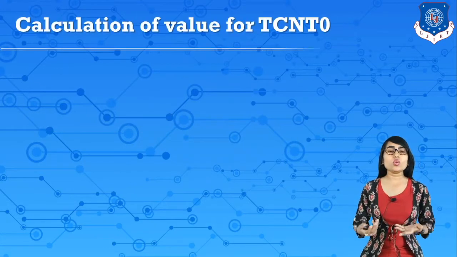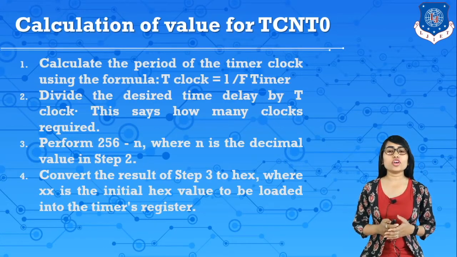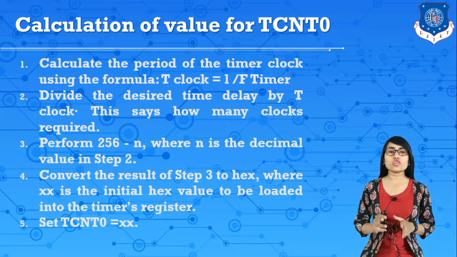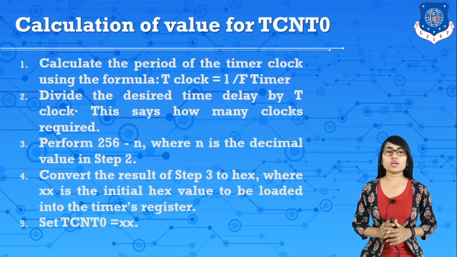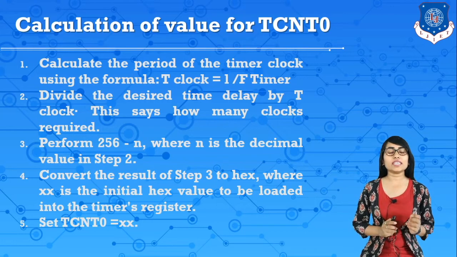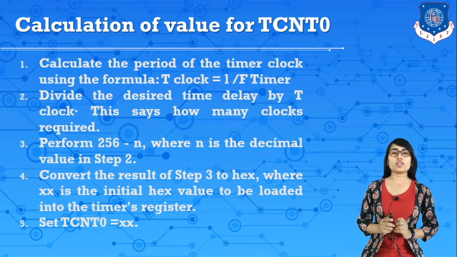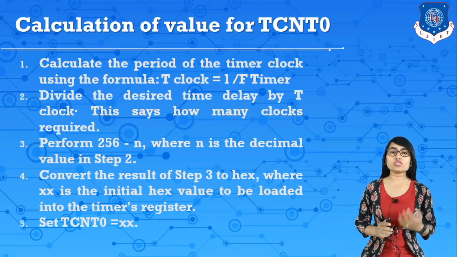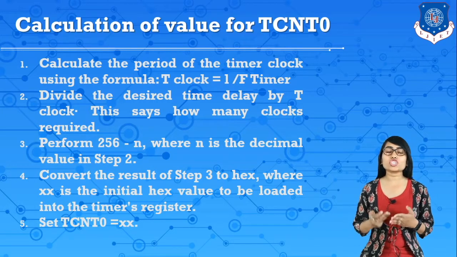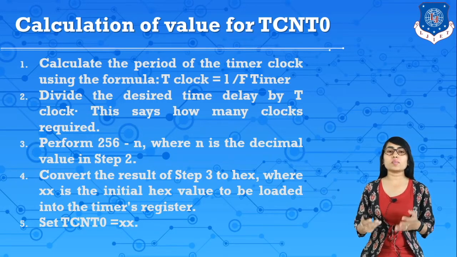Next, how can we calculate the values for the TCNT0 register? For that, follow these steps. Calculate the period of the timer clock using the formula T clock is equal to 1 upon F. First of all, we have to calculate the time duration. We can calculate it from the frequency of our AVR.